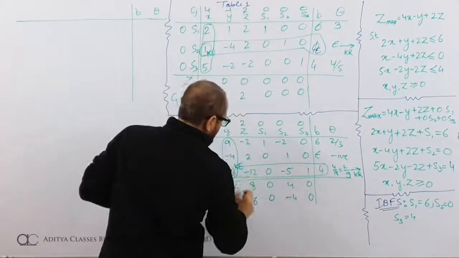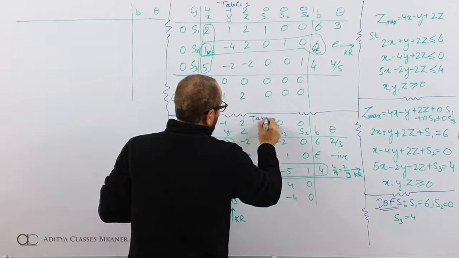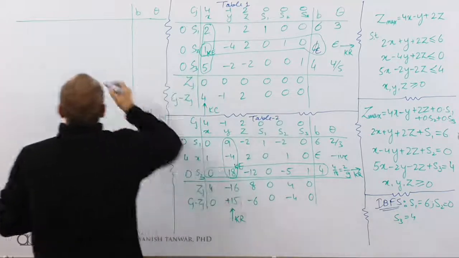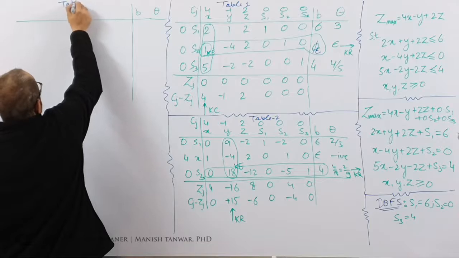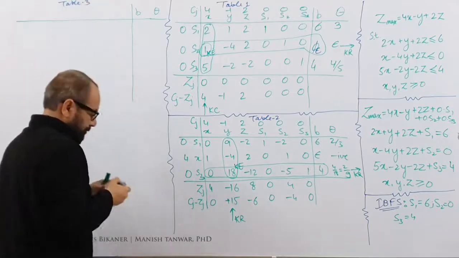This is table 1. Here we have table 2. Now we are up to table 3.